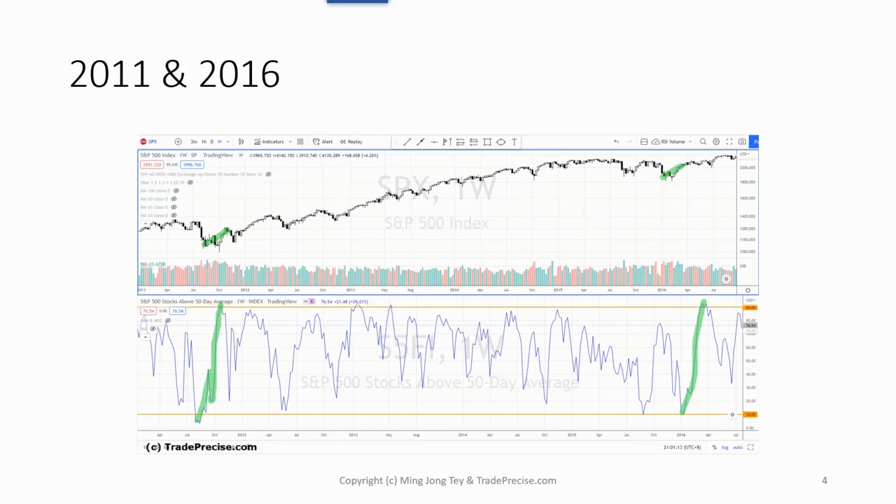So 2011, we definitely have this sell-off, but this sell-off is slightly different because in terms of the market breadth, although we get that oversold level, that's definitely below 10. But look at what happened after. There is kind of a zigzag formation. It's not as strong or as impulsive as the previous three instances.